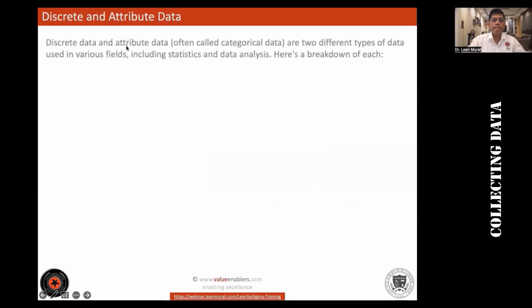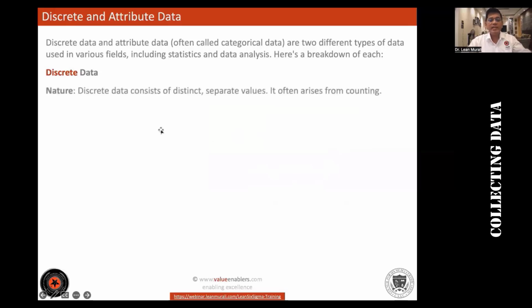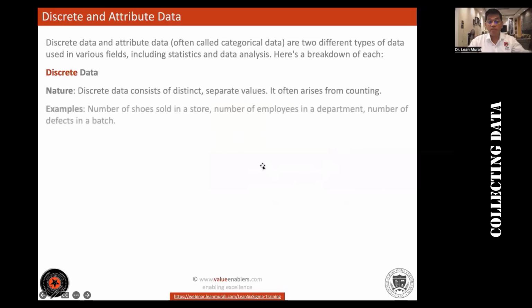Discrete and attribute data we have seen very, very clearly. I wanted to nail this down to make sure that when you go from here, it's very clear. Discrete data consists of distinct separate values, and it often arises from counting. We've already spoken about that. Number of shoes in the store, it cannot be 2.5 pairs of shoes.